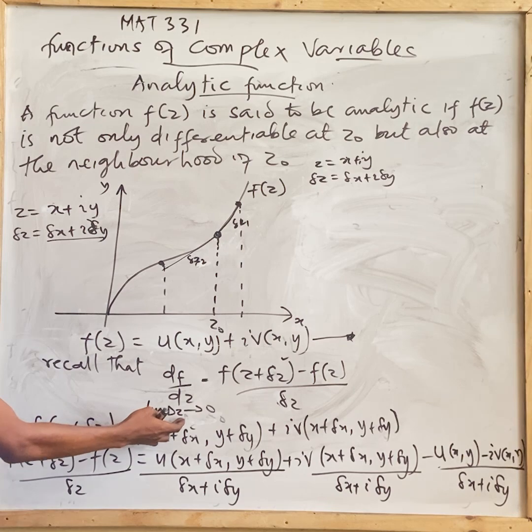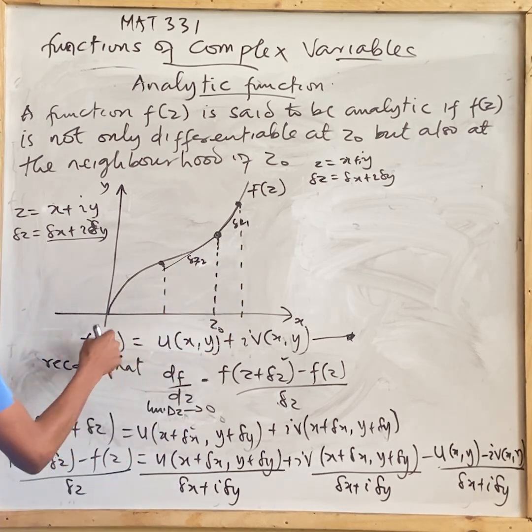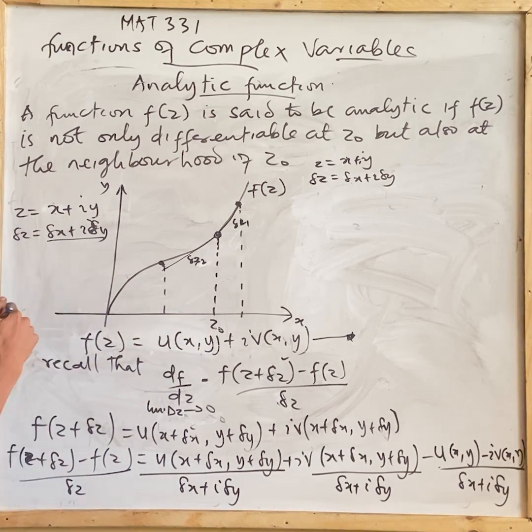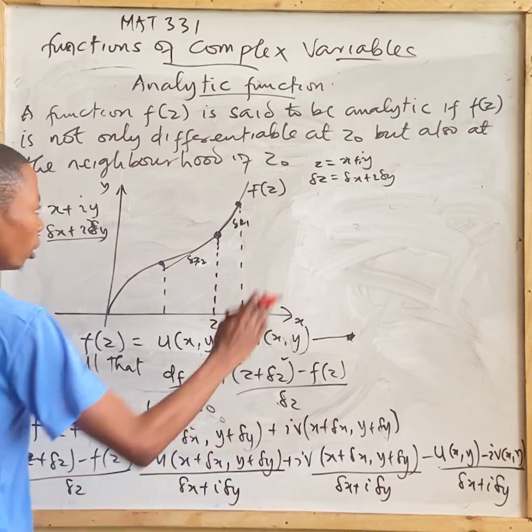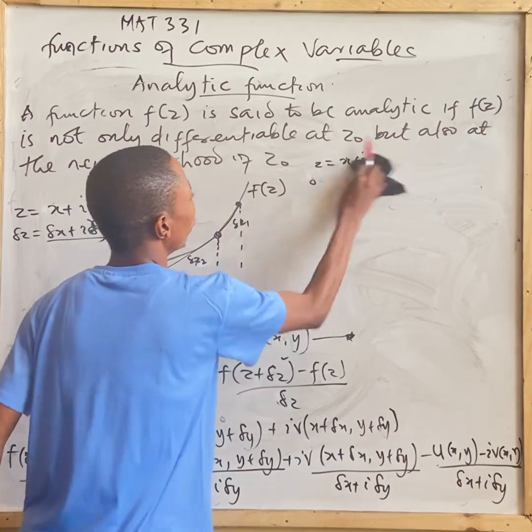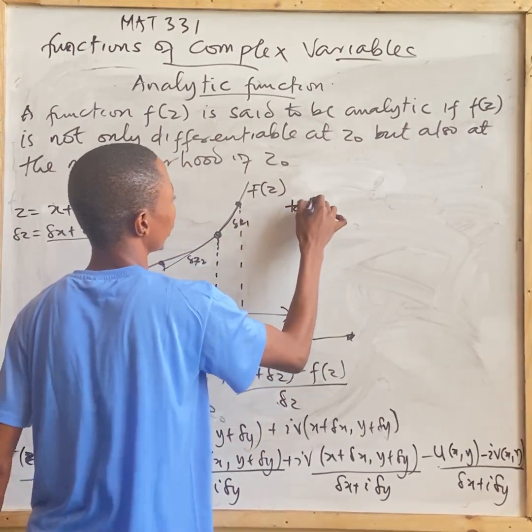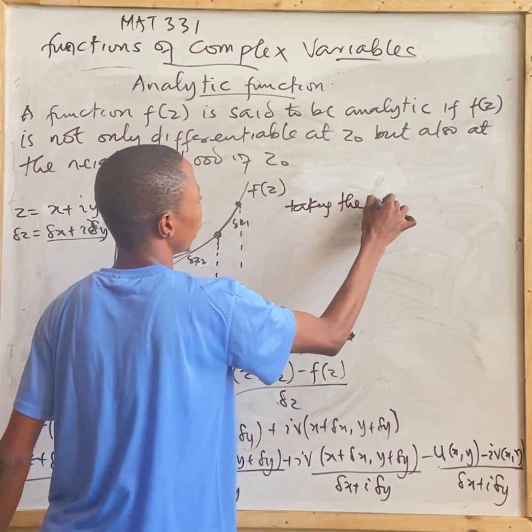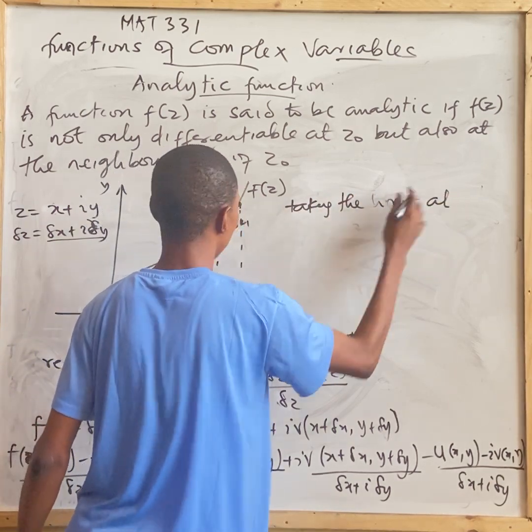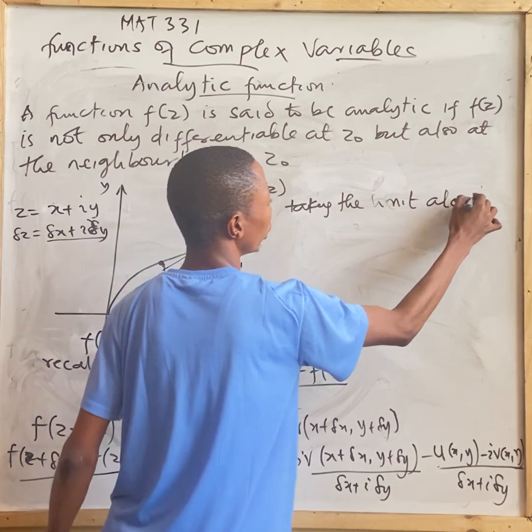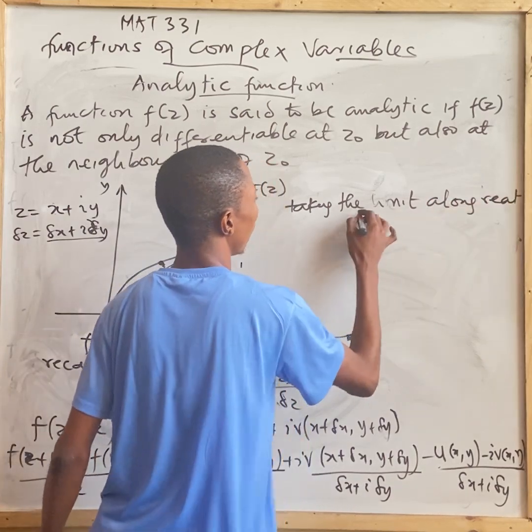Now to take the limit at which dz approaches 0, because z is in rectangular form, with y-axis and x-axis, I'll take the limit one by one. Let's first take the limit along the real axis.